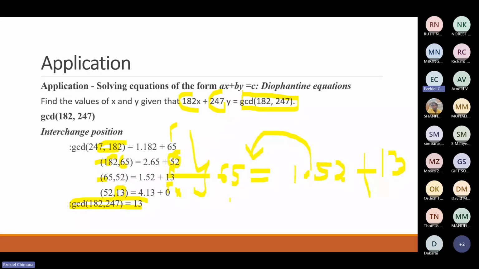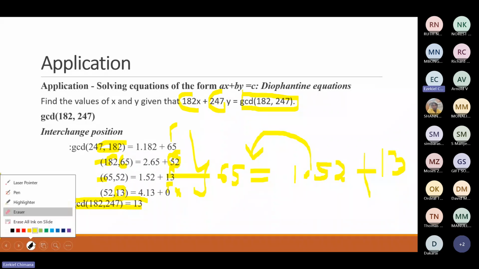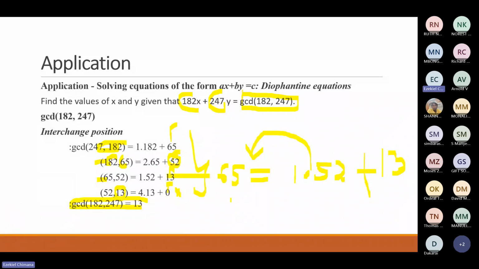So if you look at this, we are saying 52 is equal to what? We're having 182 is equal to 2 times 65, maybe plus 52.